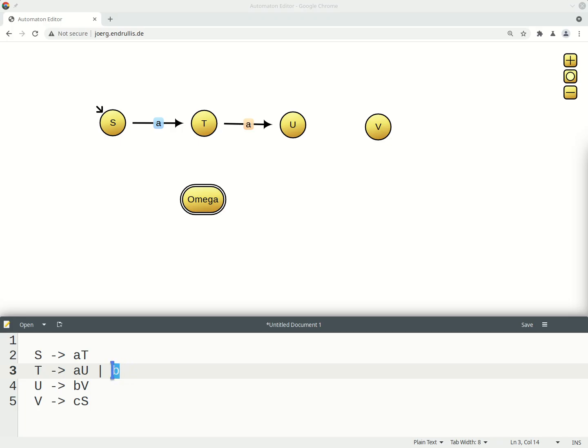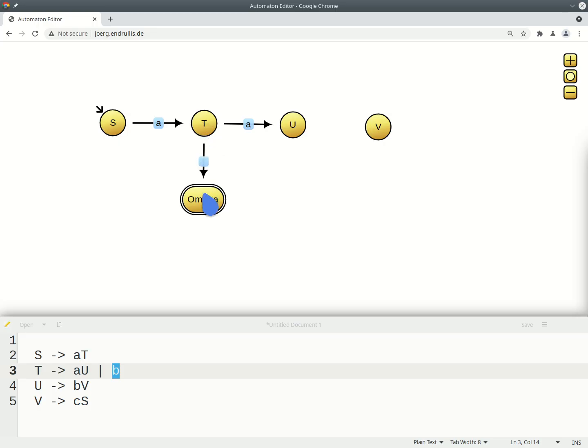So that means that the production of our terminal word is finished. In the automaton, this means that we are going to accept the word. So we have a transition from T to our accepting state omega with label B.